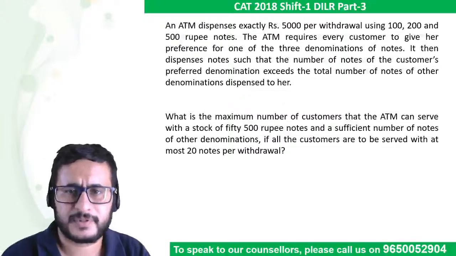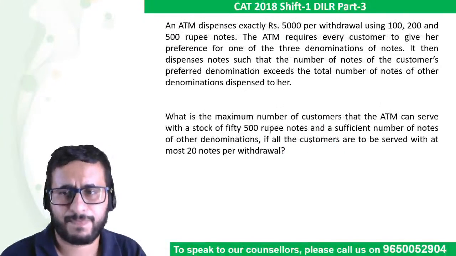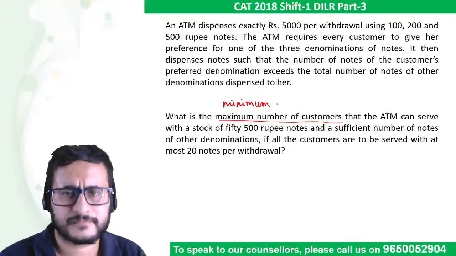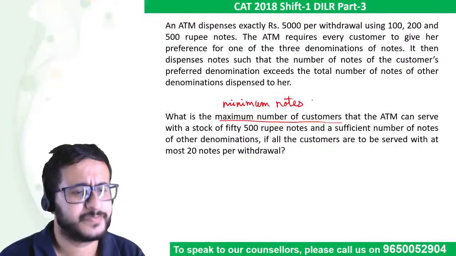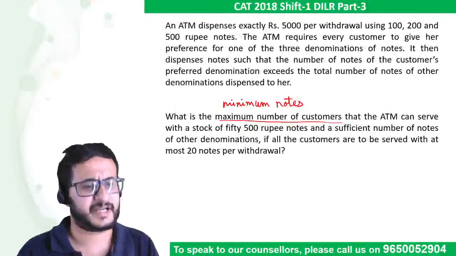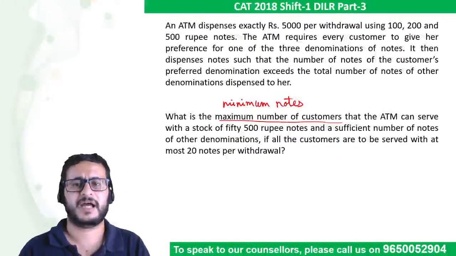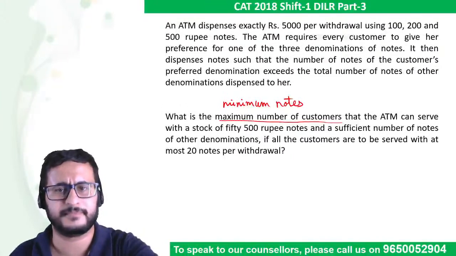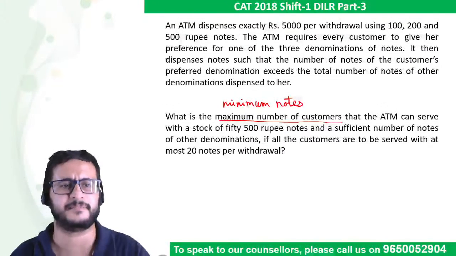So what we will do in this case is, we have to maximize the number of customers, right? So we will give minimum notes to every person. I have a certain stock, 5,500 rupee notes, and I have to maximize the number of customers.